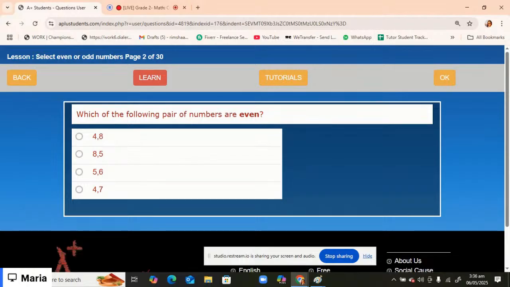Which of the following pairs are even? First one is 4 and 8. These both are even. 4 is even and 8 is also even.